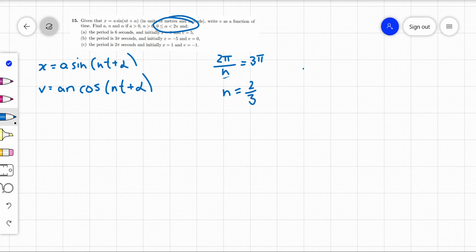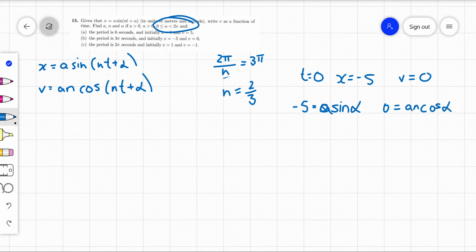So that's n. We've got the initial conditions, t equals 0, x equals minus 5, v equals 0. So let's put that in. So minus 5 equals a sine alpha, and 0 for velocity is a n cos alpha. We've got n, but I'm not worried for the moment.